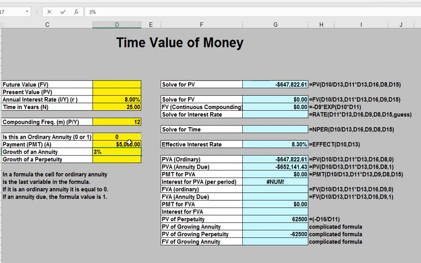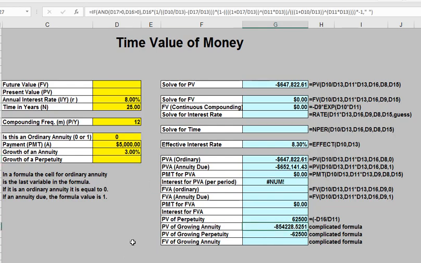If we assume inflation would be 3%, we would need roughly $854,000. So this would give me $5,000 the first month, and then every year it would grow by 3%.